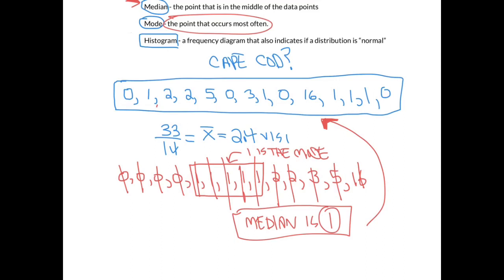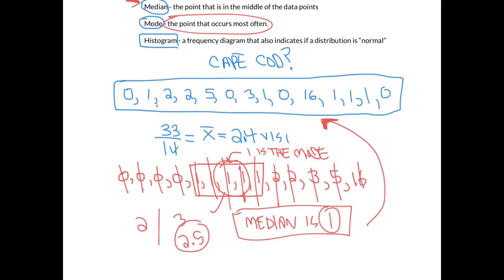Now, what if we got down to those last 2 points, these 2 points? Say we were in between a 2 and a 3, then the median would be 2.5. You would just divide the difference between the two.